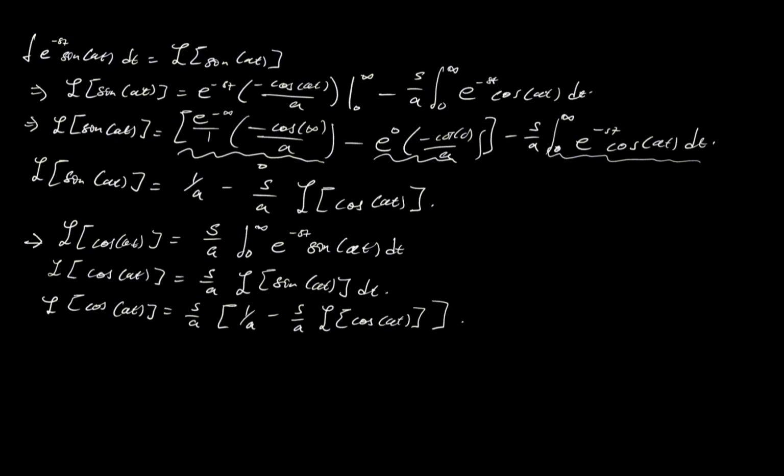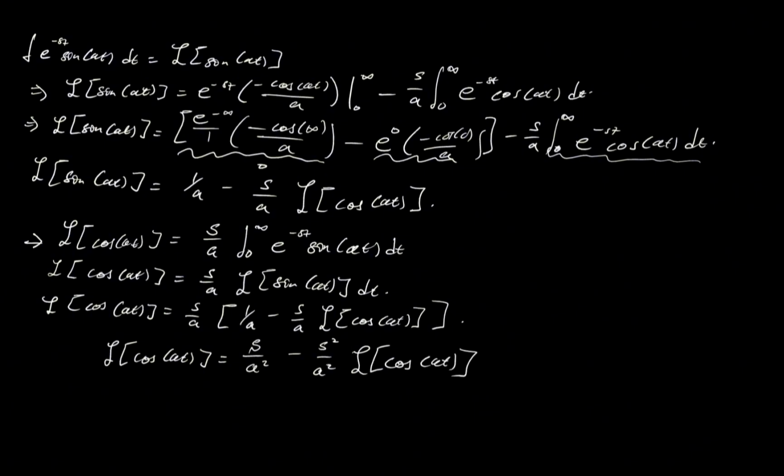If we apply further algebra, we'll have the Laplace of cos of at being equal to, if we multiply this, s over a times 1 over a, this will be s over a squared. Then s over a times s over a, that will be s squared over a squared of the Laplace of cos of at.